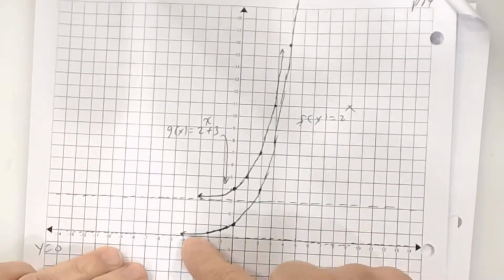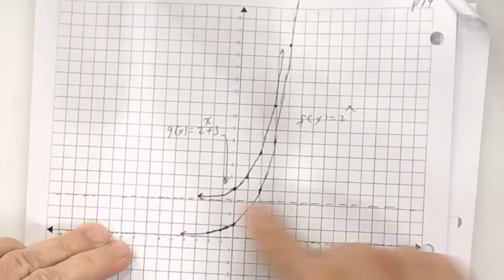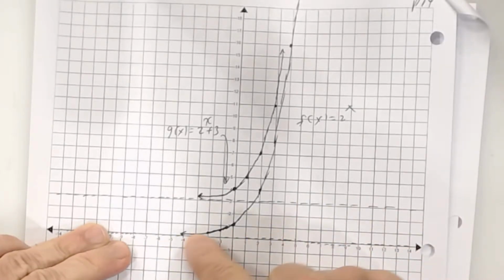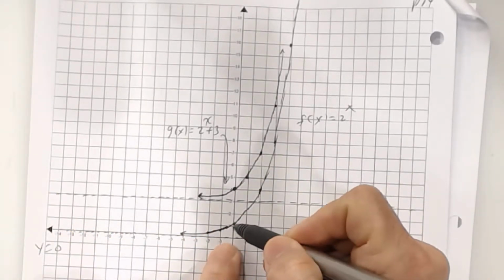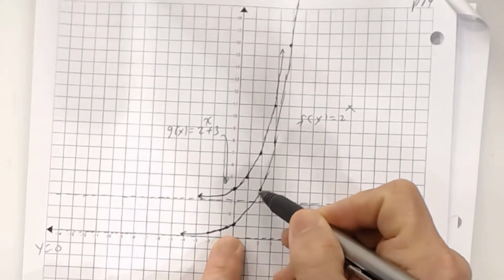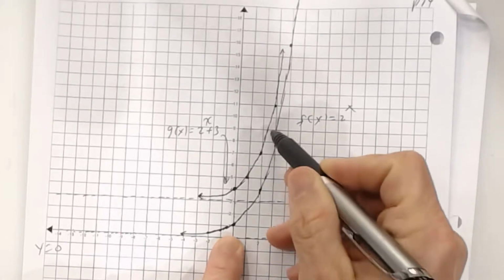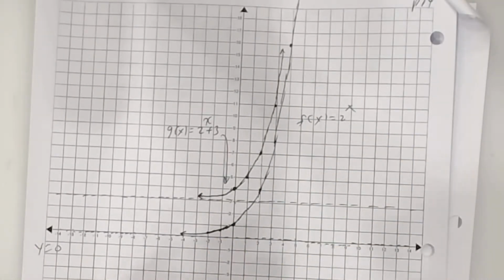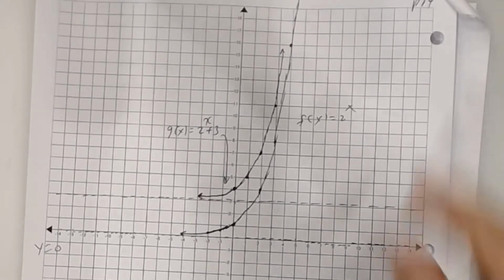Notice that if I shift the horizontal asymptote up 3 units, it becomes this one. And every point here, if I shift it up 3 units, 1, 2, 3, 1, 2, 3, 1, 2, 3, see what's happening? That's going to be the idea of translations when we talk about translations soon. So we're going to use some of that terminology in part 2.